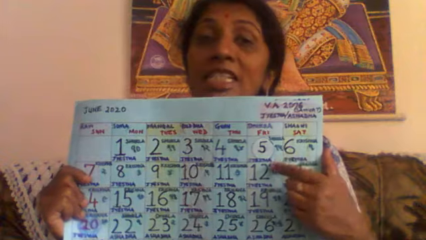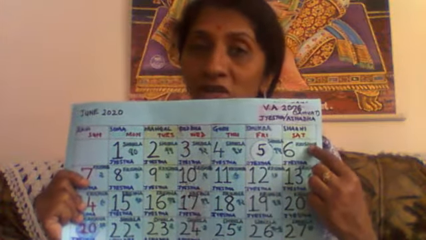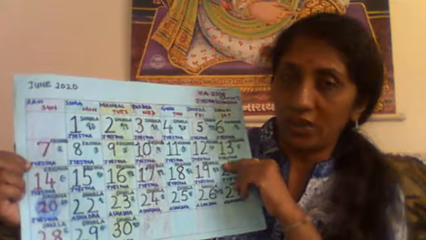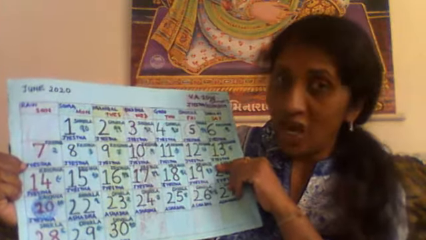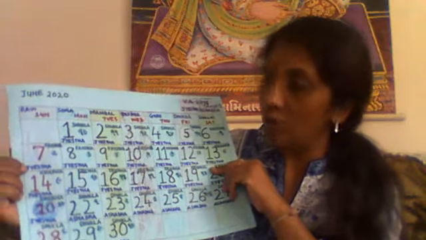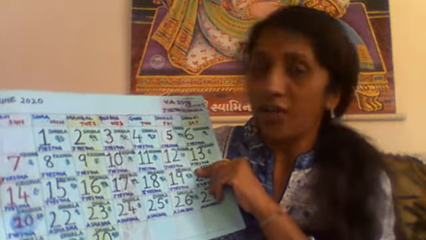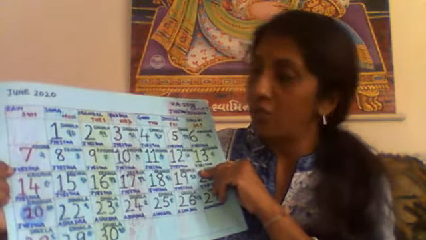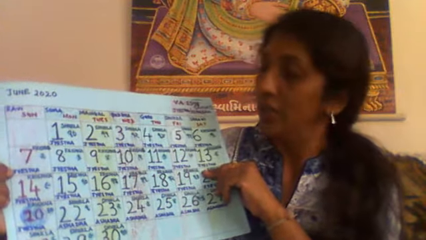Then we go to the 6th. After the Purnima, the fortnight changes. So the 6th will read Jyesht, Krishna, Pratipad. Then the 7th will read Jyesht, Krishna, Dvitya. The 8th will read Jyesht, Krishna, Tritya. We can continue. The 9th will read Jyesht, Krishna, Chaturthi.